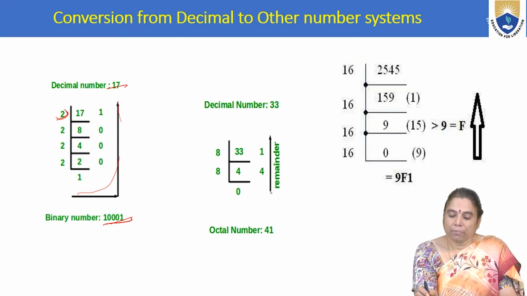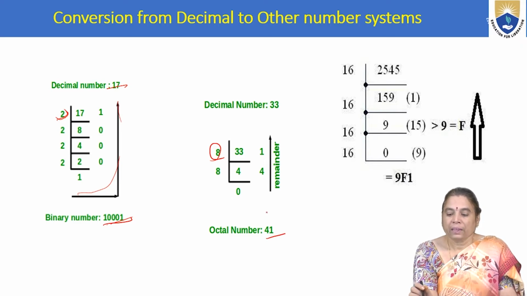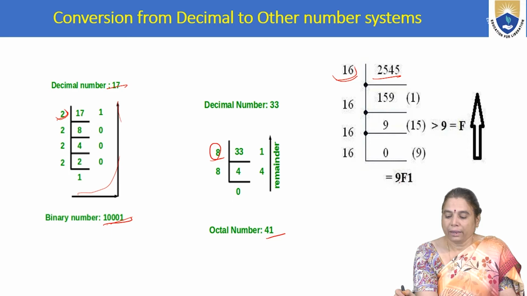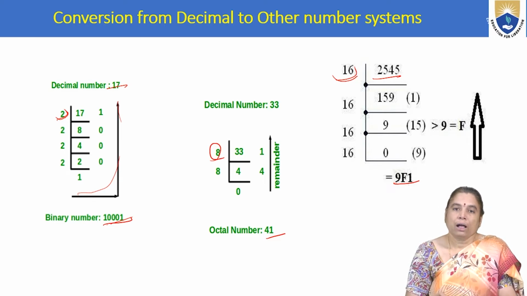In case of octal, the base value is 8, so the number can be divided by 8 and the remainders can be written in bottom up fashion to get the octal equivalent of the decimal number. In case of hexadecimal, the number can be divided by the base value of 16 and the remainders can be written in bottom to top fashion to get the hexadecimal equivalent. We will look at examples of how these conversions take place.